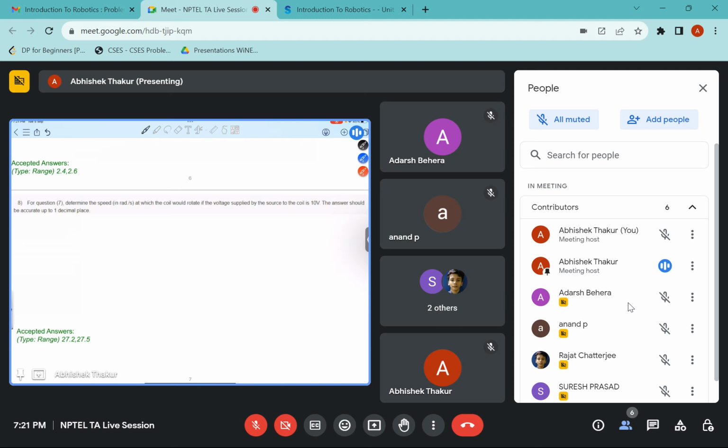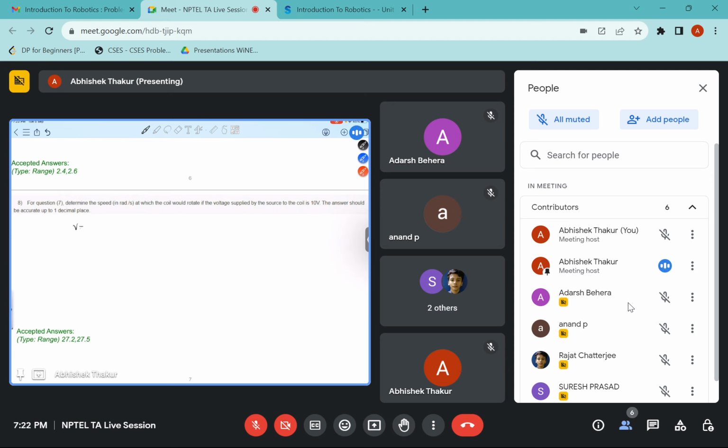So we have to find the speed in radian per second. So that is we have to find omega, and also the voltage supply is 10 volt.